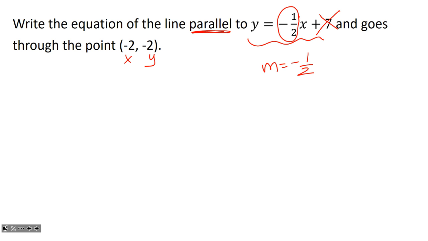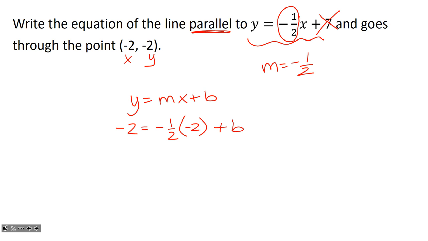So remember, here's my x, comma y. And we can plug all this into y equals mx plus b. So the y value from the point was -2. The m that I got from the equation was negative 1/2. The x from the point was -2 as well. And remember, the whole point is that we're finding a new b.